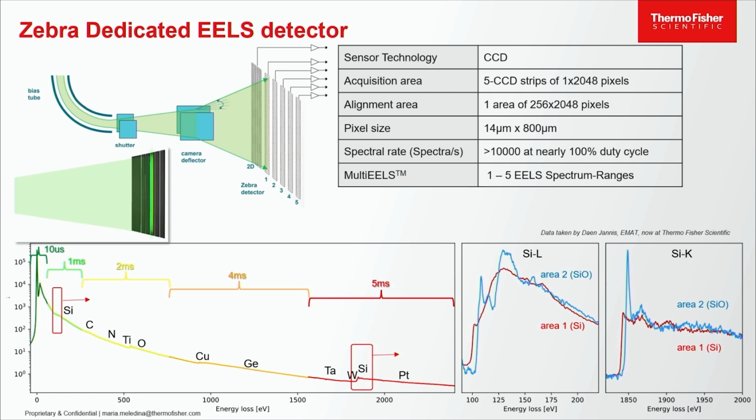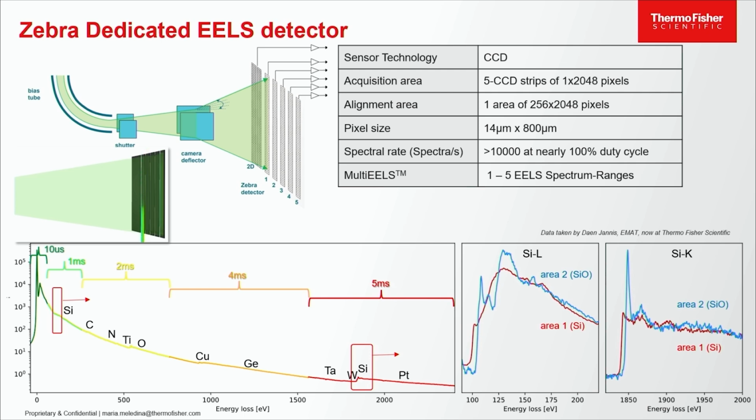And there are 5 stripes, and every pixel is also elongated because it's optimized for EELS, and you need to look at the edges. It's pretty fast, right? It can run up to 10K spectra per second at nearly 100% duty cycle. And as I have shown several times already with multi-EELS, we can go up to 5 energy ranges.